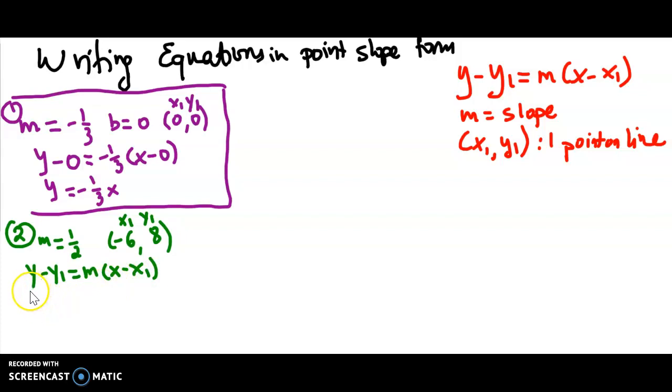So I'm starting my substitution. y minus, my y1 is 8, equals m, my m is a half, parentheses, x minus, from the formula, and then I see that x1 is already a negative, so I'm going to put another parenthesis there. I can clean that up a little bit. y minus 8, I don't like having 2 signs, and in the parentheses, a negative times a negative is positive.